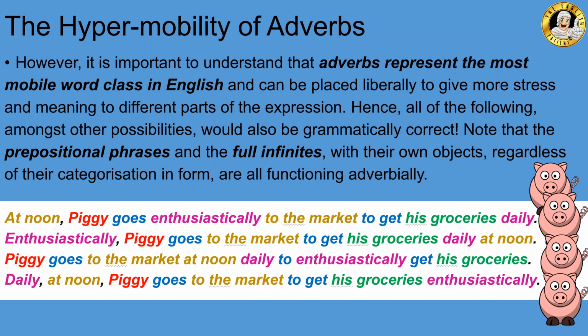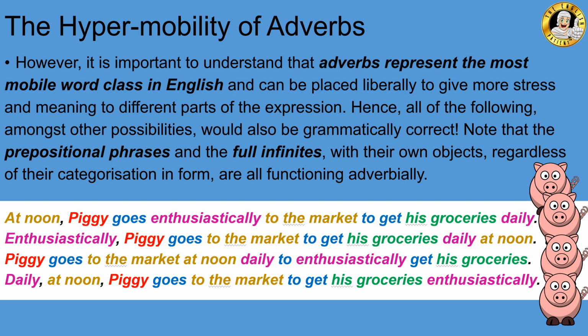Now, once again, note that the prepositional phrases and the full infinitives, which actually have their own objects, like to get his groceries, where his groceries is the object of to get, the infinitive here, what he's getting, regardless of their categorization in form, all of them here are functioning adverbially as adverbs.